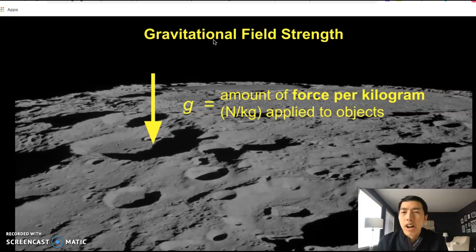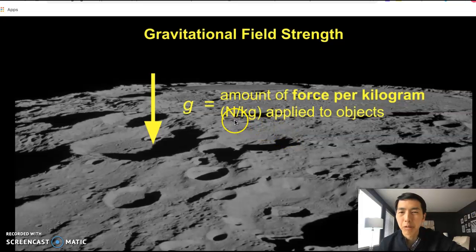So how strong the gravity from the moon is, or from any planet for that matter, or moon, can be encapsulated by this term here called the gravitational field strength. The letter we use to represent that is g, and that's defined as the amount of force per kilogram applied to objects.